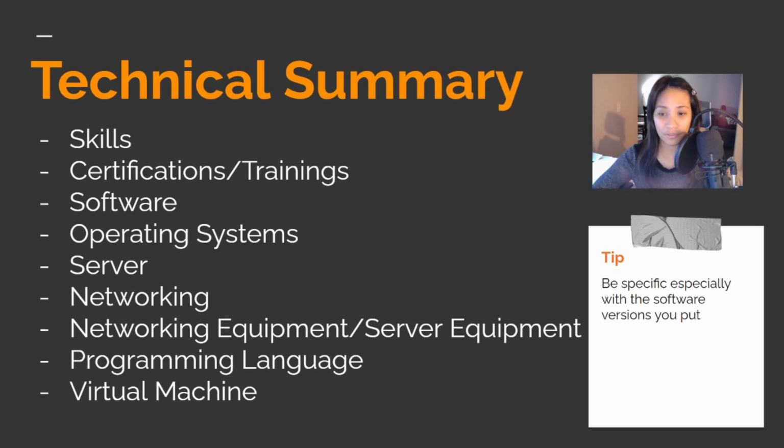If you work on servers, please mention and specify the networking technologies that you're knowledgeable and experienced with. For example, networking equipment, server equipment, and other special and very specific equipment other than computer hardware that you can mention as well. If you know any programming languages, and some virtual machines, those can also be added here.